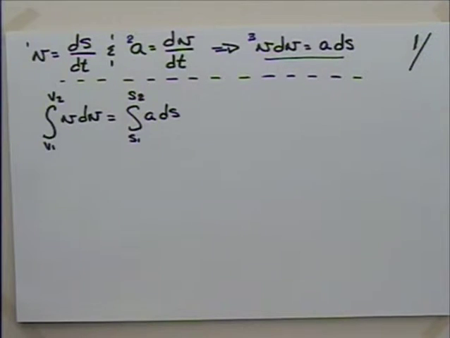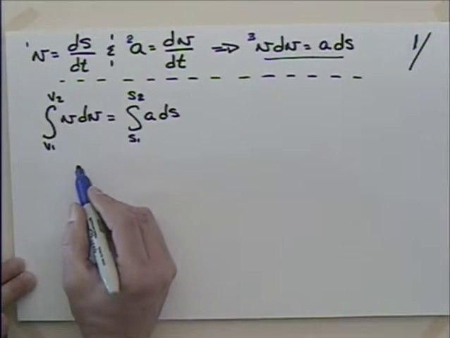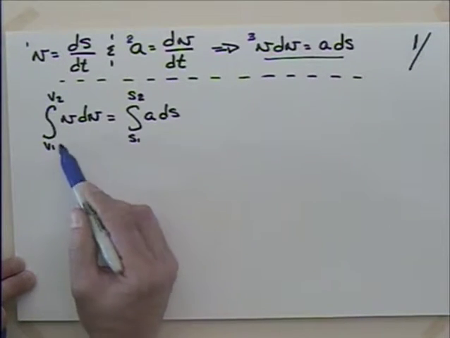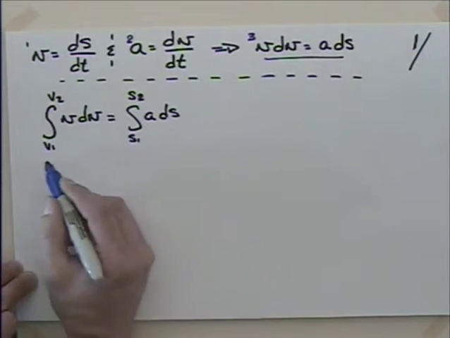So if I take our friend v dv is equal to a ds and essentially integrate both sides of this, so taking equation number 3 and integrating both sides, integrating v dv from v1 to v2 and a ds from s1 to s2, I'll come up with something like this.